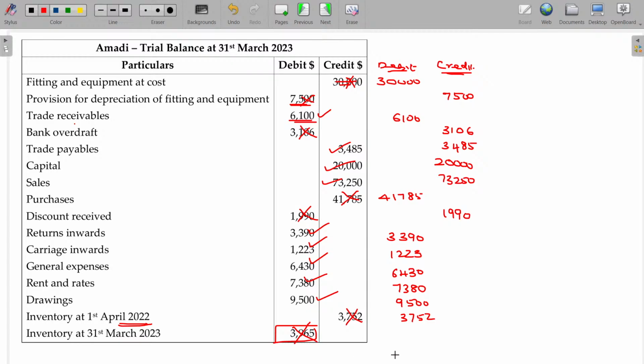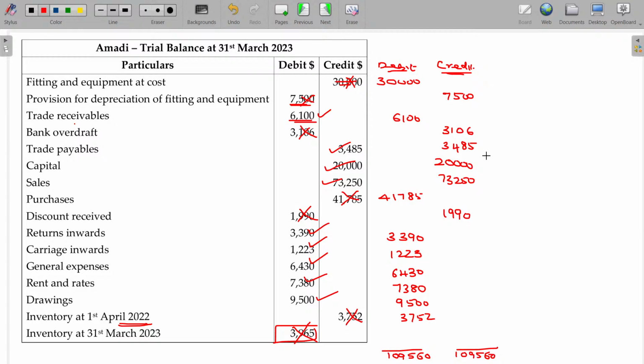Now finish up tallying this. If you tally, on the debit side you get more value than the credit side, so it is not tallying. You are getting 1,09,560.